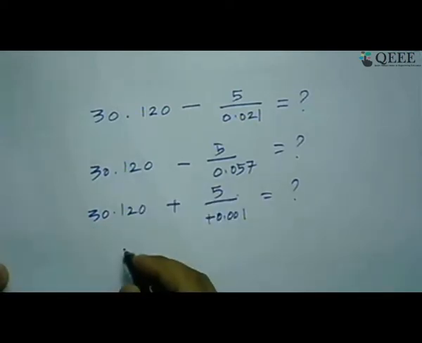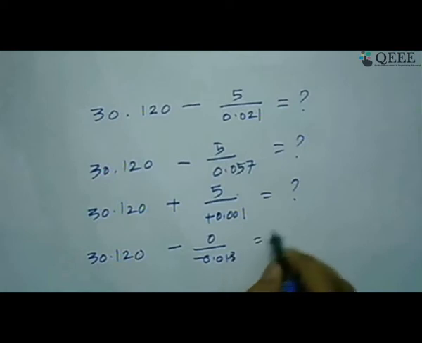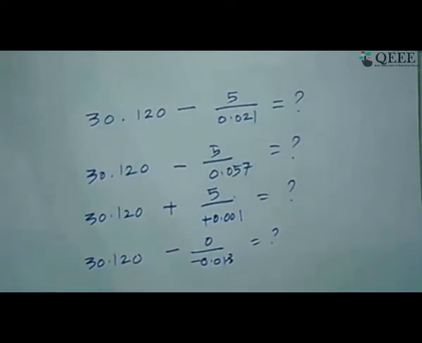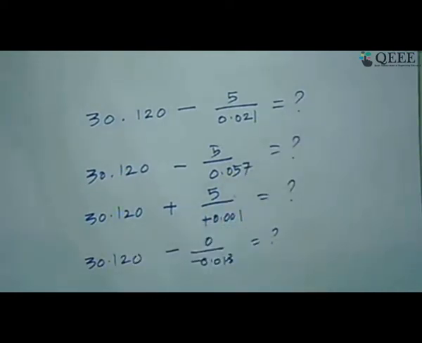And in the last one, you have 0, and it doesn't matter by which number you divide. So you have 30.120 minus 0 divided by minus 0.013 equal to 1. So this is what you are going to get. Can you calculate these numbers and tell me what they are? Okay, so this is trivial.